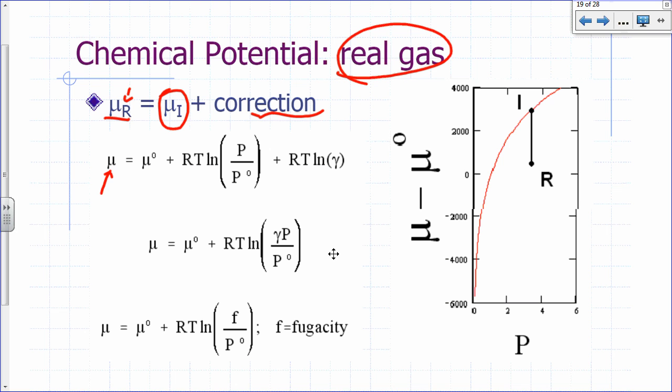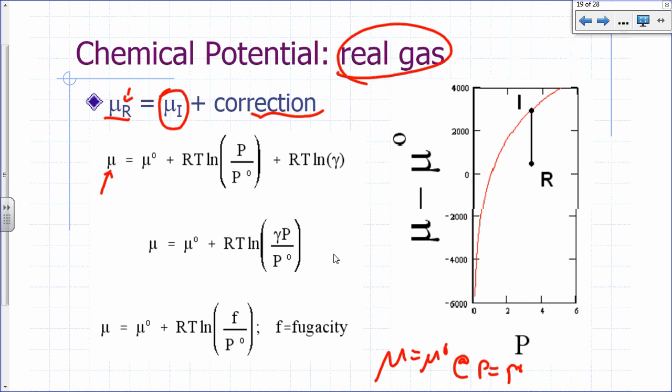So here's a plot of mu minus mu naught. At 1 bar pressure, mu minus mu naught is equal to 0, so mu is equal to mu naught at P equals P naught.